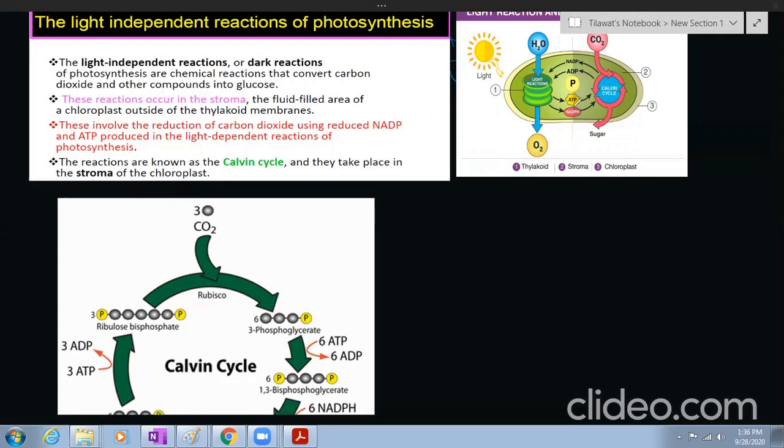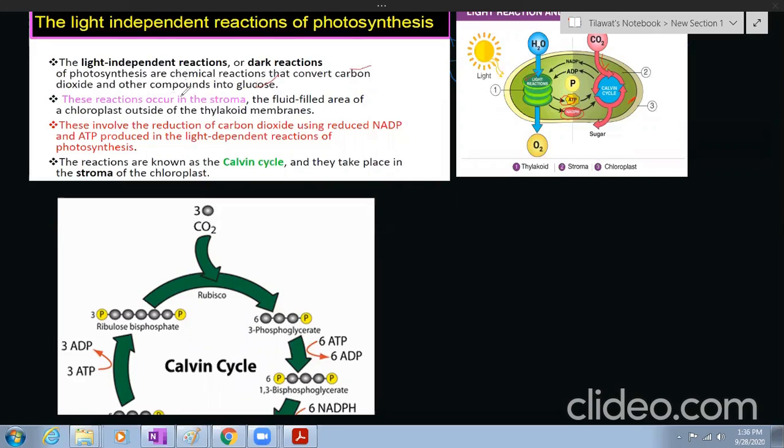And that energy is what? That will be NADPH and ATP, and that will be utilized in the stroma part of chloroplast for the fixation of carbon dioxide to convert that carbon dioxide to sugar.